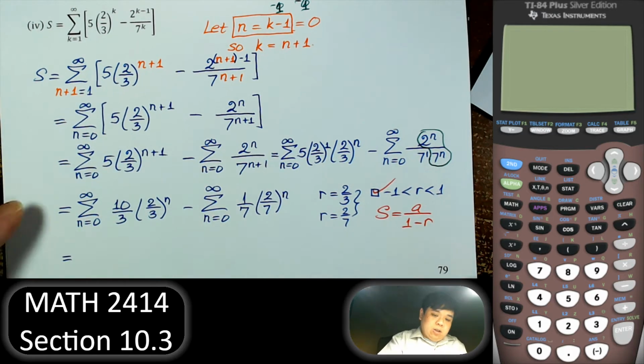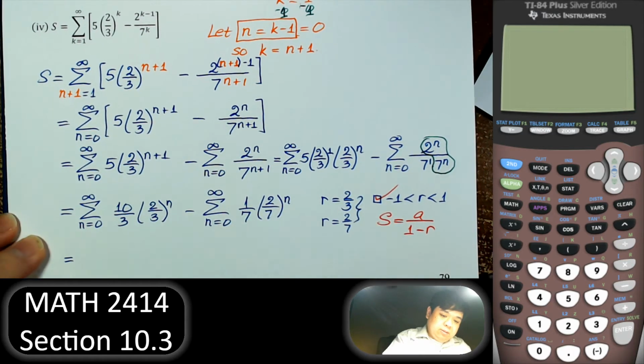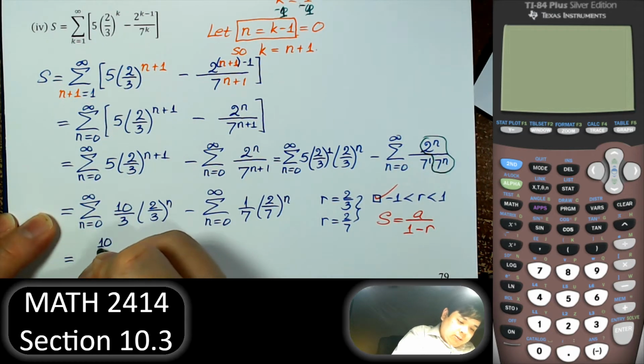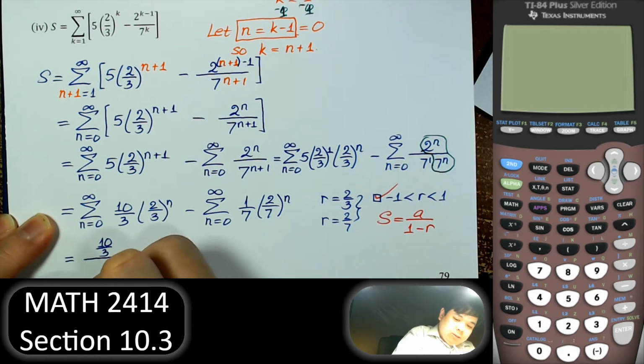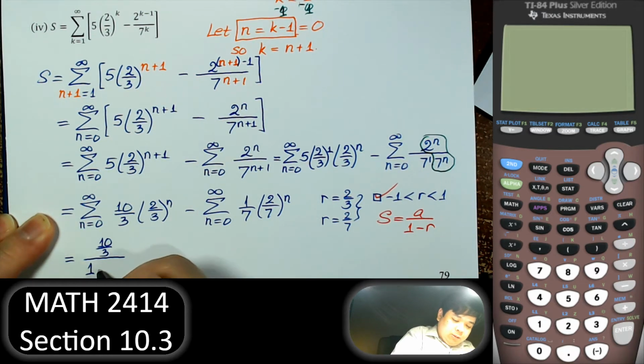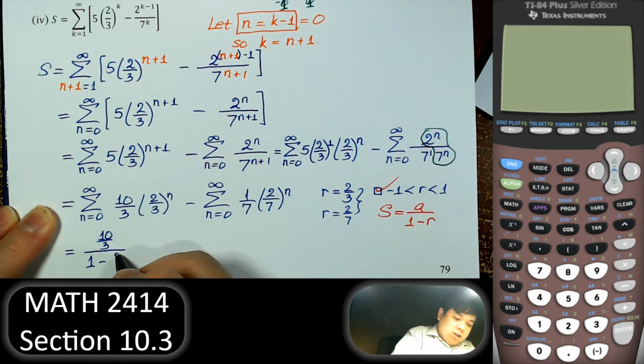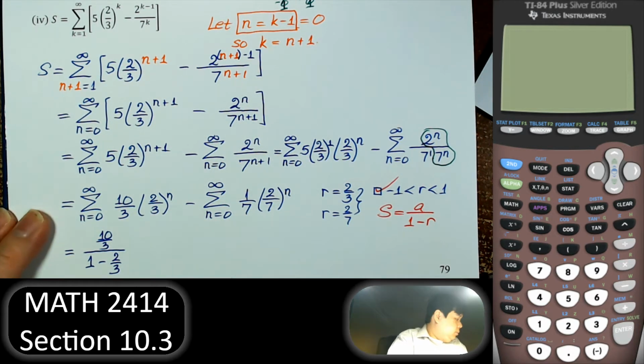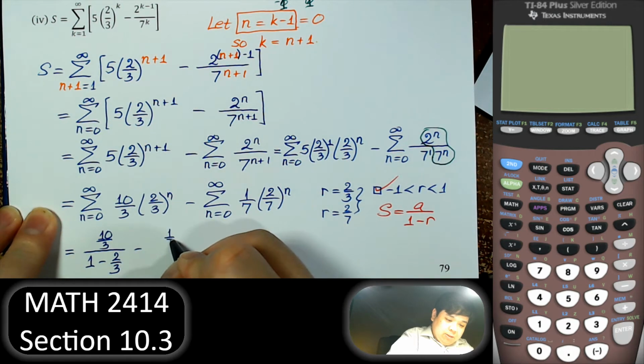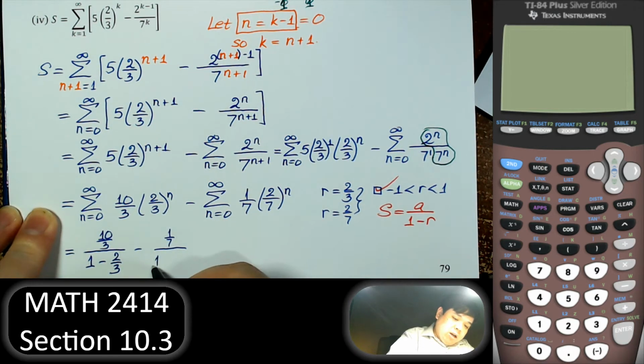So we have the first term over 1 minus the ratio, minus the first term over 1 minus the ratio.